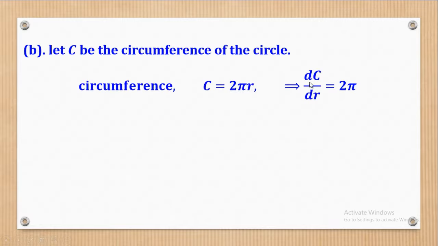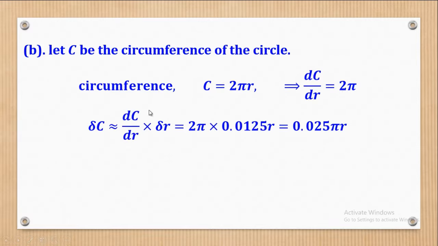When I differentiate, I'll get dC/dr being equal to 2 pi, and therefore small change in C will be equal to dC/dr multiplied by small change in r. My dC/dr is 2 pi, so I can substitute for dC/dr, and small change in r was got as 0.0125 r. When I multiply the two, I'll come up with 0.025 pi r as my small change in circumference.